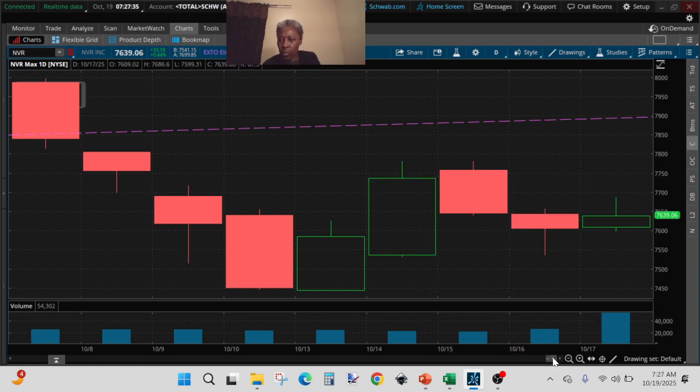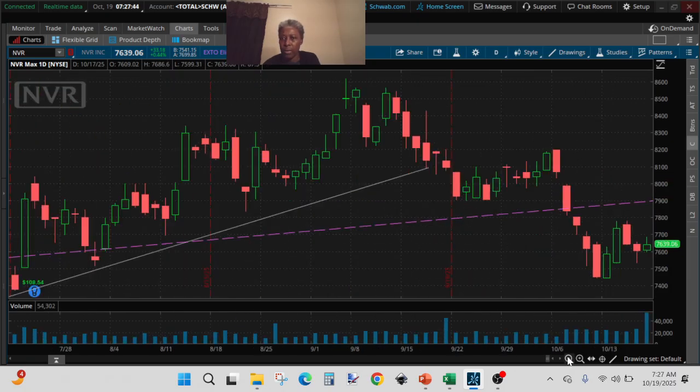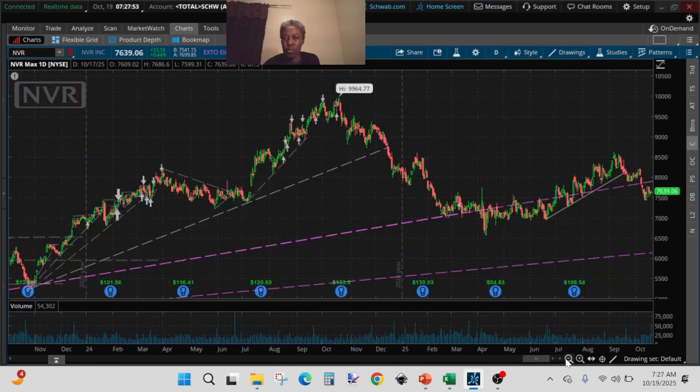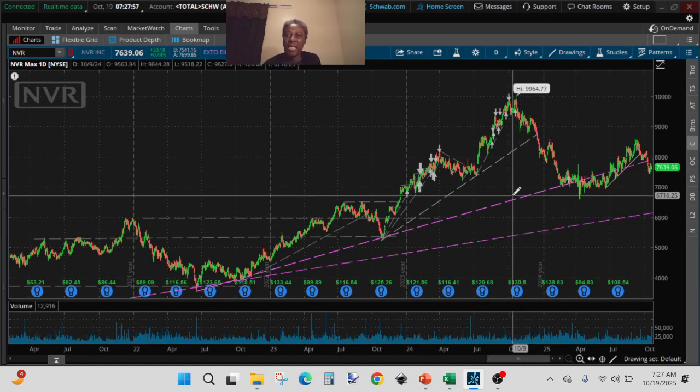So let's go back to the chart. By looking at this chart for NVR, we will notice that we have long uptrend lines that we trace. That's why we are using a maximum daily chart.